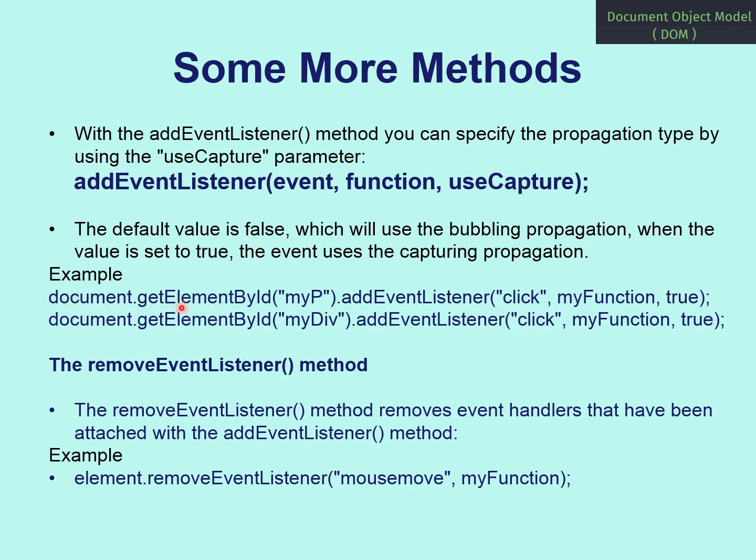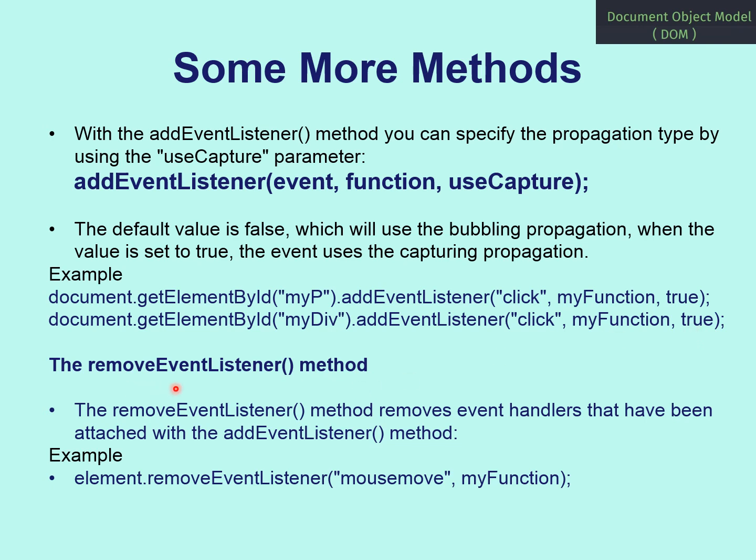Here, document.getElementById("myP").addEventListener("click", myFunction, true). So here what happens is it will give priority to the outer element. Here, document.getElementById("myDiv").addEventListener("click", myFunction, true). Here also it will give priority to the outer element.